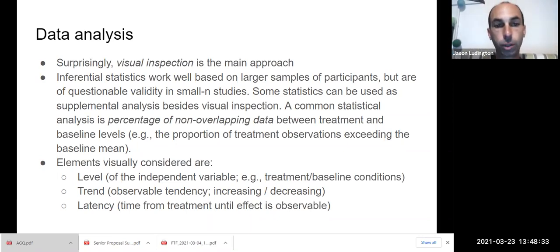Treatment takes time. And so that's what we mean by latency. Latency can also mean reaction time. So another word for latency is reaction time.